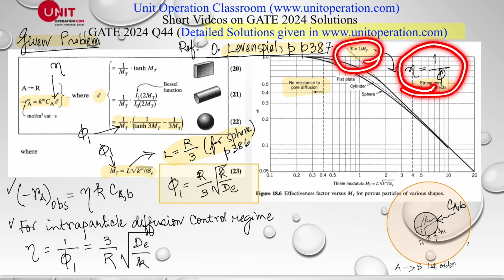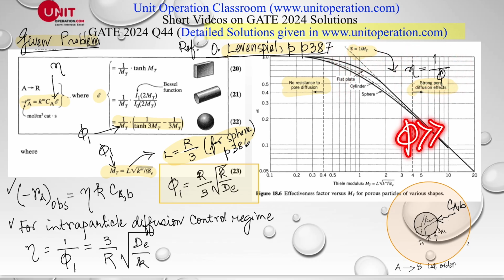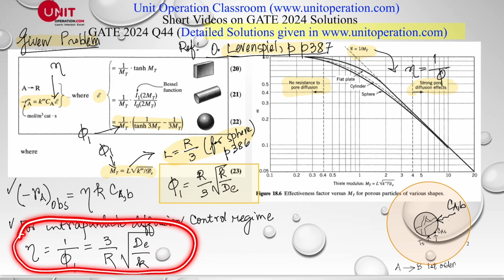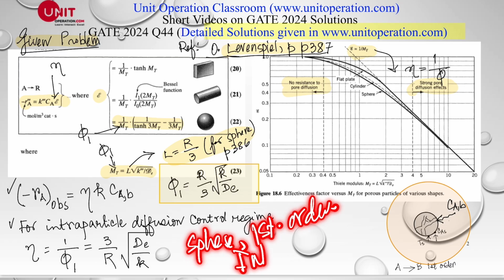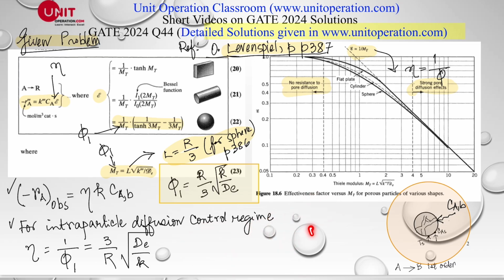The effectiveness factor is equal to 1 over the Thiele modulus when phi is much greater than 1. So we just substitute this one into here, and this is the relationship we get. This is my effectiveness factor for a sphere and first order kinetics, in the diffusion control regime.